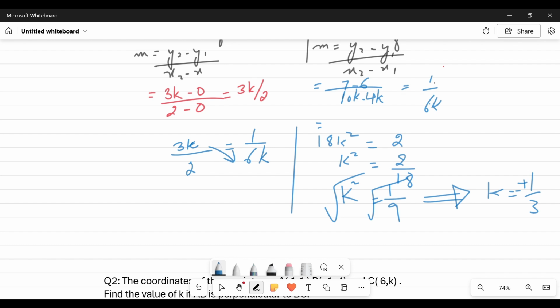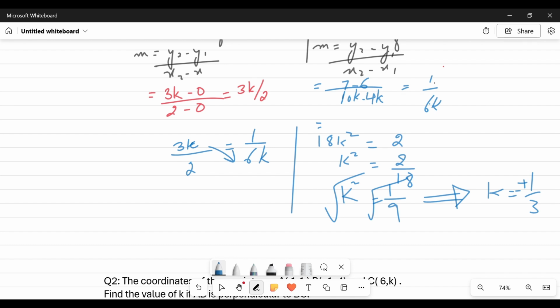Now the second part is to find whether the points O, A, and B are collinear. How are you going to do this second step?